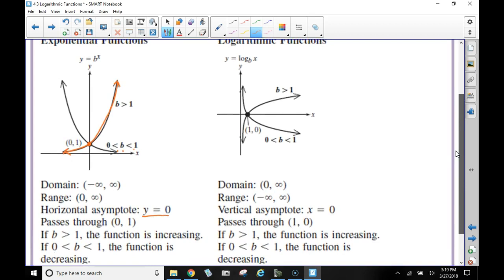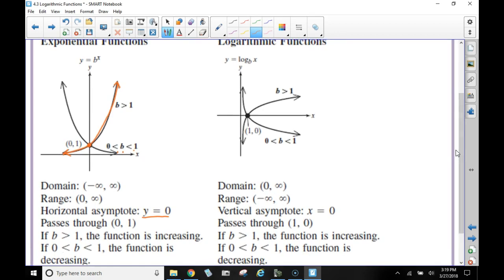Okay, good. Now, for logarithmic functions of the form y equals the log of x with base b, if the base is greater than 1, it's still an increasing function, but there's some stuff that swaps around, okay? Notice the domain, all the x values, if you read this from left to right, the domain is positives.